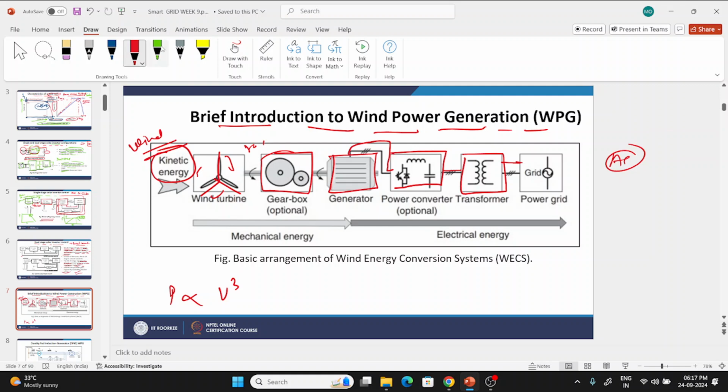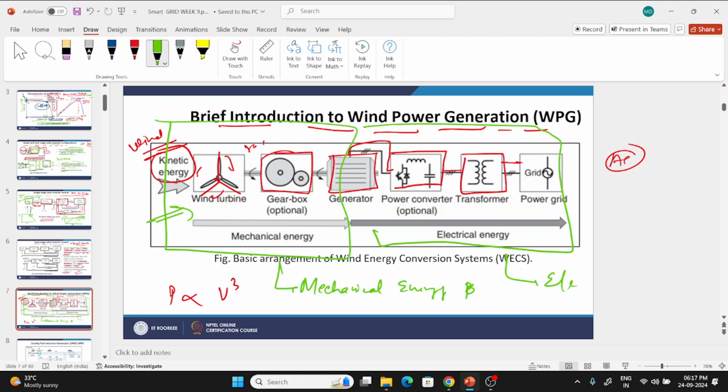So we can say here that this part is the mechanical energy, because in this the mechanical part is moving, like the wind is interacting with the wind turbine. This is all gearboxes, and this part is the electrical part where all the conversion or any voltage up and down is done by using the transformer.